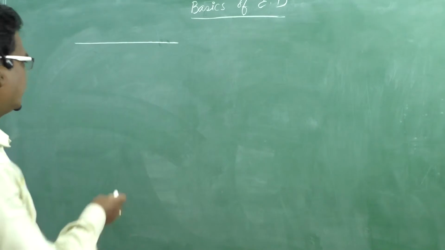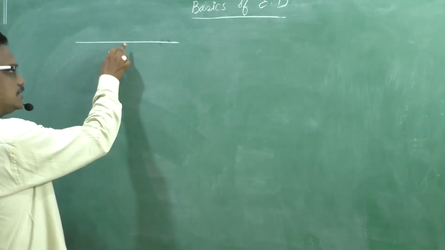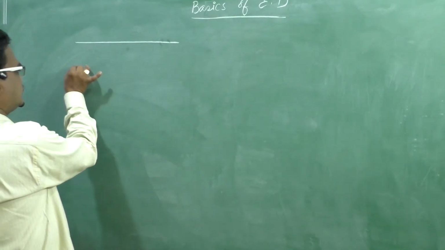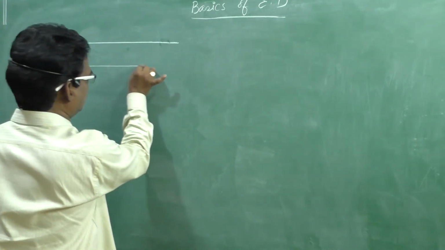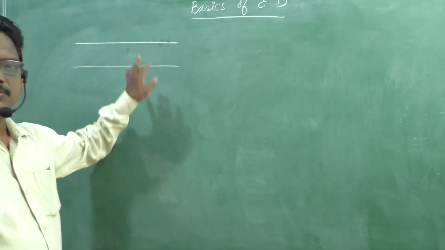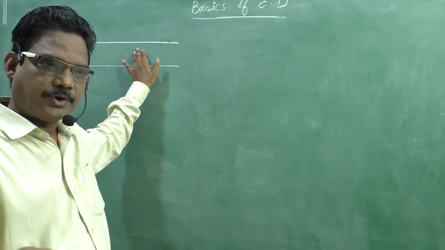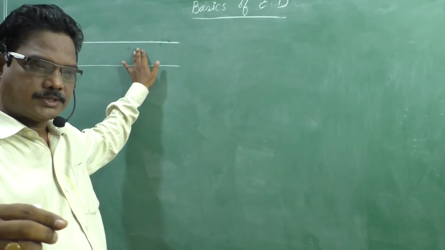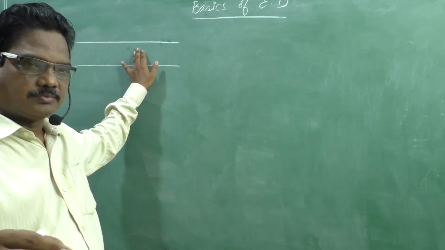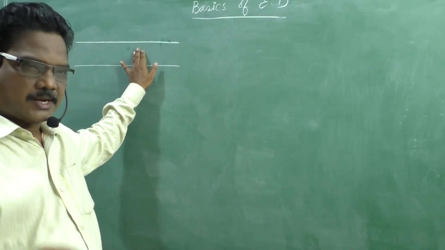There are two types: continuous thick line and continuous thin line. Continuous thick line is used for drawing of borders, outer profiles of the object and visible lines.